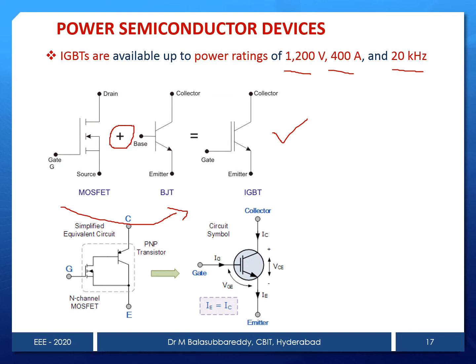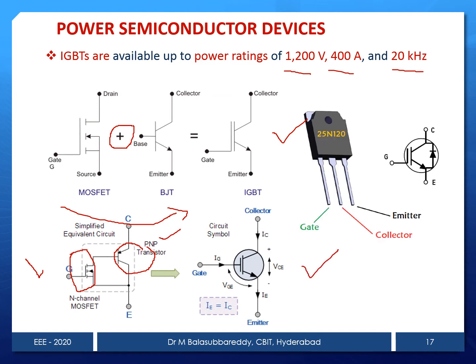So this diagram also shows that this portion is a MOSFET and this portion is a BJT. So clubbed together, the input side will be MOSFET and the output side will be a BJT, and finally it will form an IGBT. Then these are some real components I captured here.